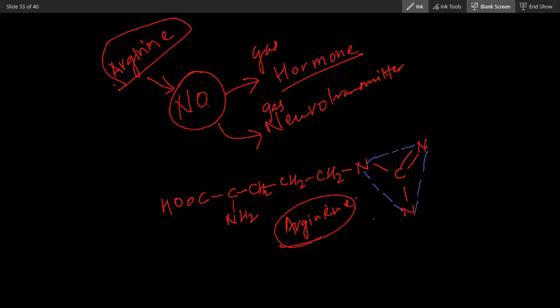One of the nitrogens will be eliminated as nitric oxide. The enzyme required for synthesis of this is nitric oxide synthase, and this converts the whole molecule arginine into citrulline.